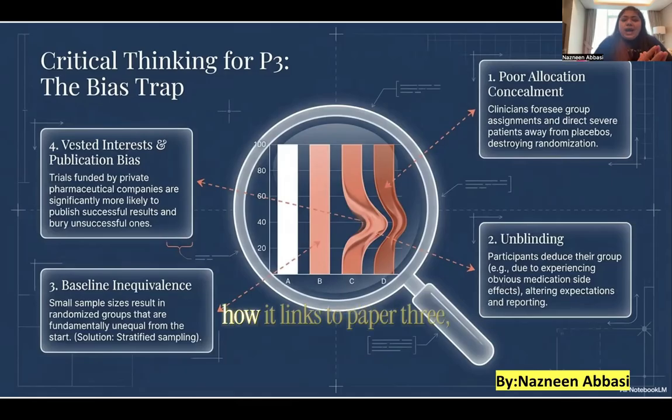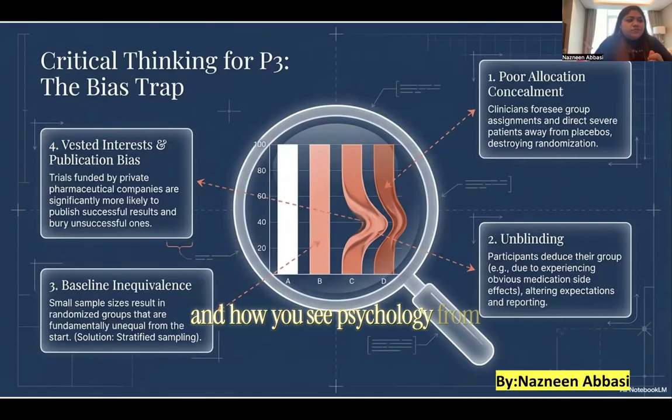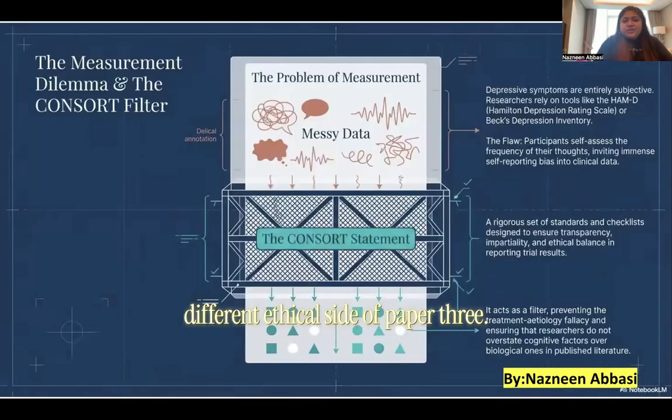So, how it links to paper 3: it talks about how different baselines or psychological vocabulary associate, and how you see psychology from a scientific point of view. It also helps us understand data analysis, biases, and measurement of different types. And of course, it leads to understanding the different ethical sides of paper 3. So, the measurement dilemma.